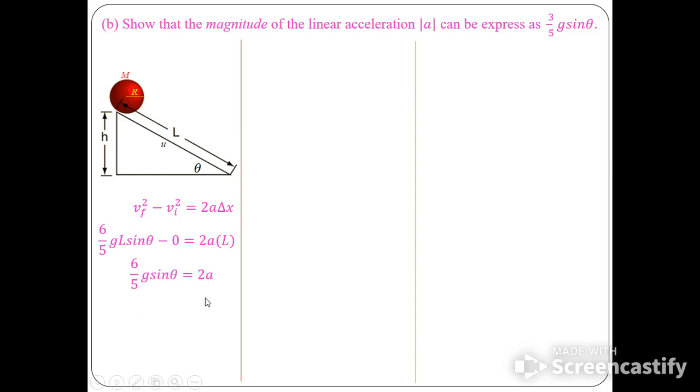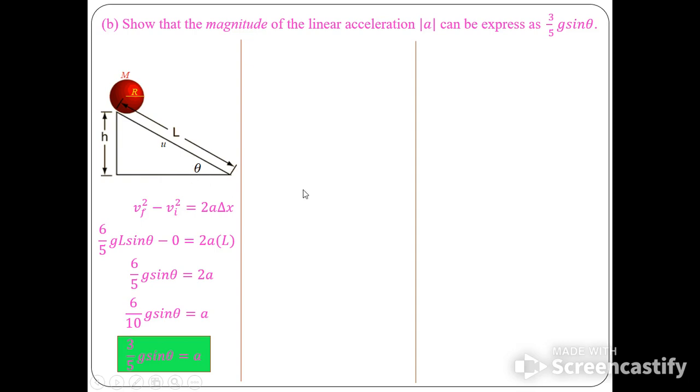And again, to solve for a, we would just divide both sides by 2. So that would leave us with this. It would just be 6/10 because 5 times 2 is 10. And again, you can reduce 6/10 down to this particular statement, 3/5 g sine theta. And this is the acceleration down the ramp for a hollow sphere, as long as you know the slope, aka the angle of the ramp.